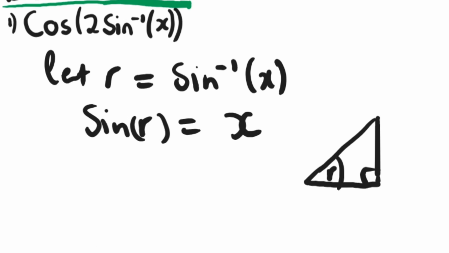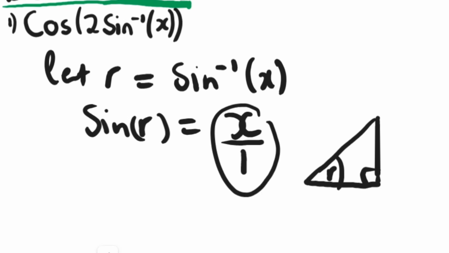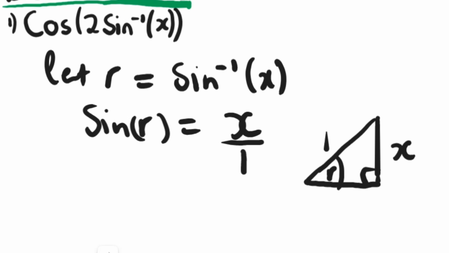This is your angle r. Now it turns out x is equal to x over 1. So using this triangle and this ratio, your x will come here, and your 1 will come there. And therefore, the other side is the square root of 1 squared minus x squared.